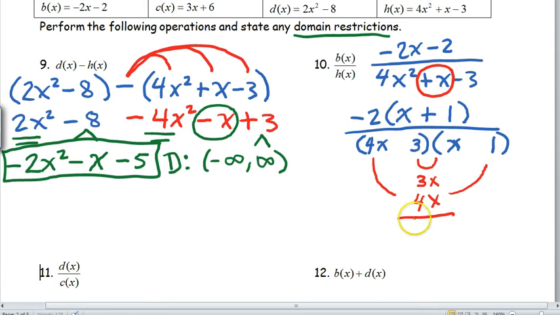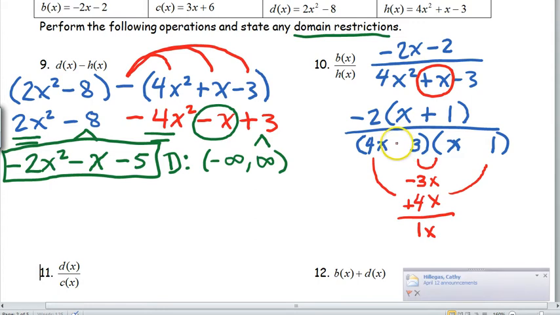Sure I can. What would the signs have to be to give me a 1x? Yes, now be careful. I want a positive 1x result. So which one of these needs to be negative? I would need a negative 3 and a positive 4 in order to get positive 1 like my middle. So that's what I'm going to do.